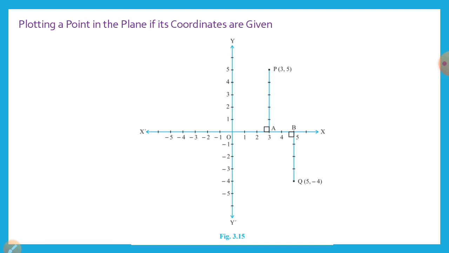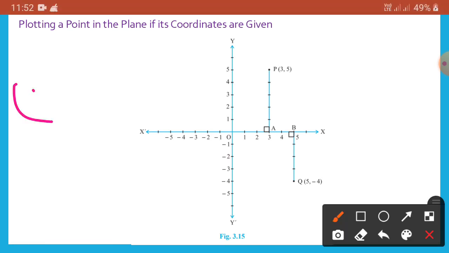Let the coordinates of a point be 3, 5. We want to plot this point in the coordinate plane. We draw the coordinate axes and choose our units such that 1 centimeter represents 1 unit on both the axes.